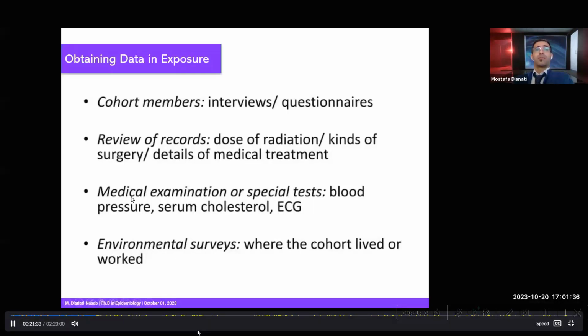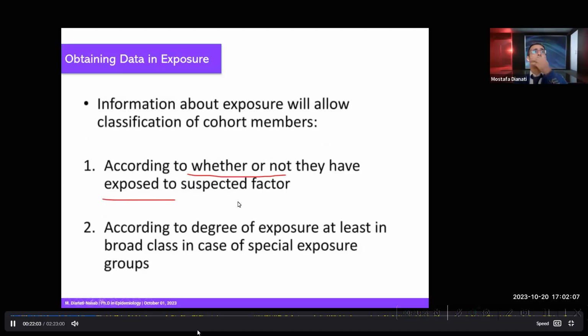Also, we can use medical examinations, blood pressure, blood tests, serum cholesterol, EKG, and so on. Or you can also use environmental surveys, for example, if these participants at their workplace have exposure to any chemical like arsenic or air pollution, and so on. So as you see, there are several ways to obtain data for exposure.